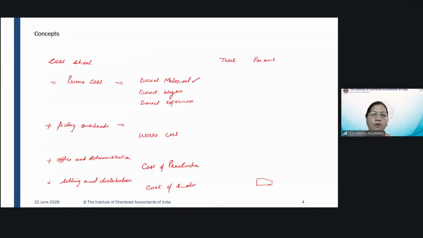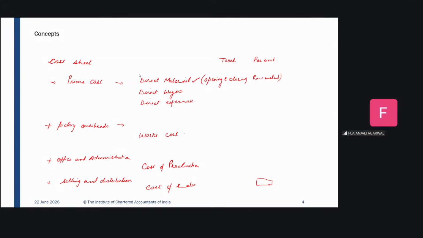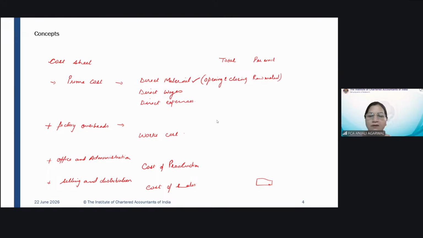So the opening and closing stock of raw material is adjusted here. And when you add to this, you get prime cost.